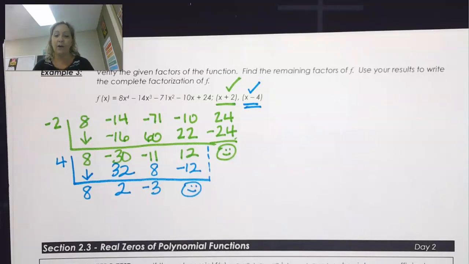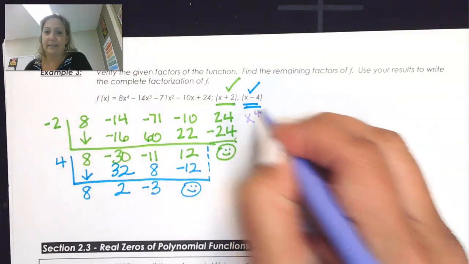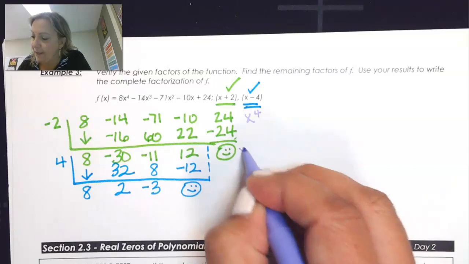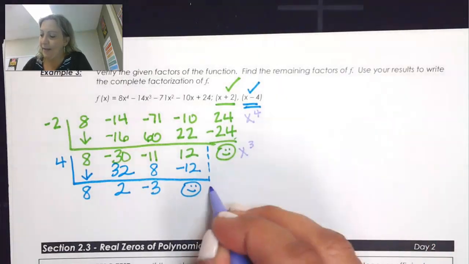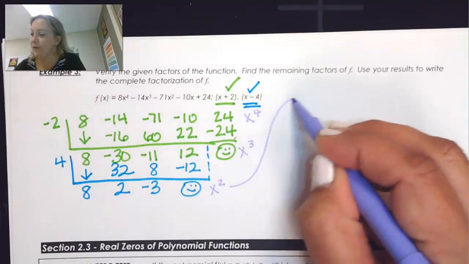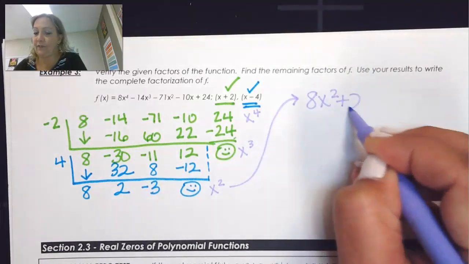What we've created with all of this is that we had a polynomial that was x to the 4th. We then had a polynomial that was x cubed. And now we have a polynomial that's x squared. That's a quadratic. And the nice thing about quadratics is that they are pretty nice for us to factor.